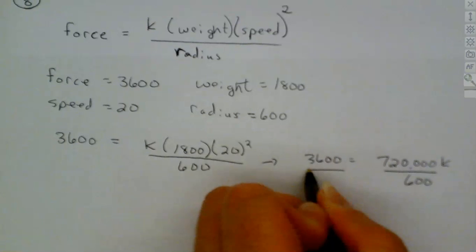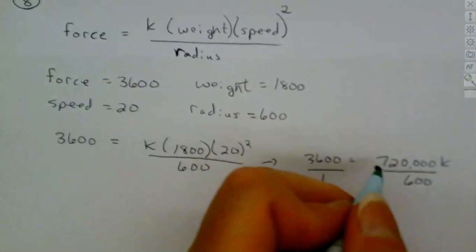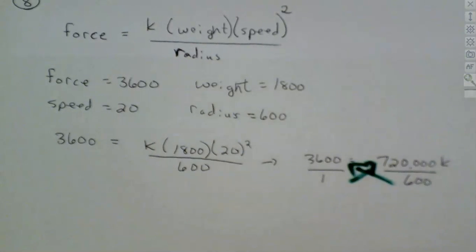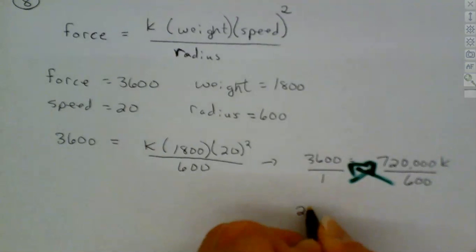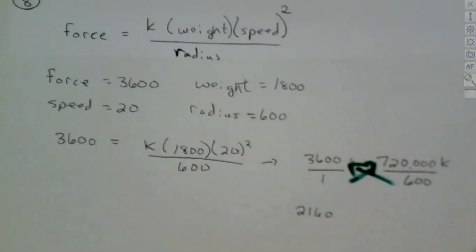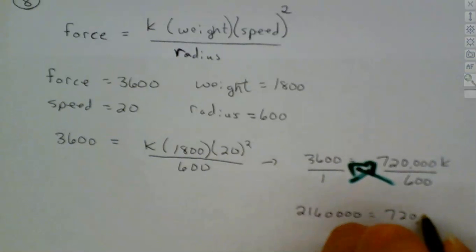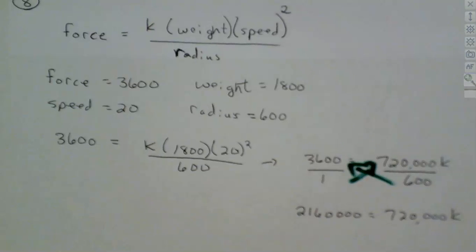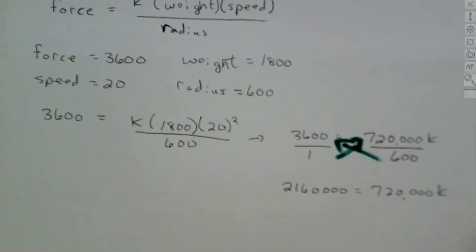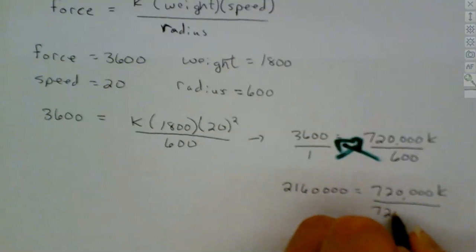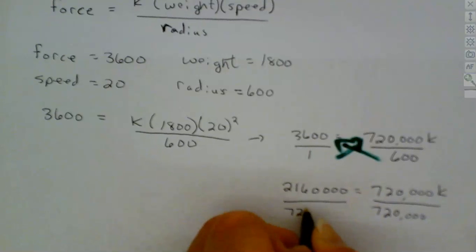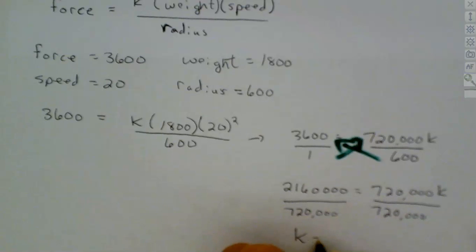Okay, so we're going to go ahead and cross multiply so that we can find our K. So 3,600 times the 600 gives you 2,160,000, which equals 720,000 K. And we're going to divide out, and we're going to get our K. So let's divide that out and see what we get.